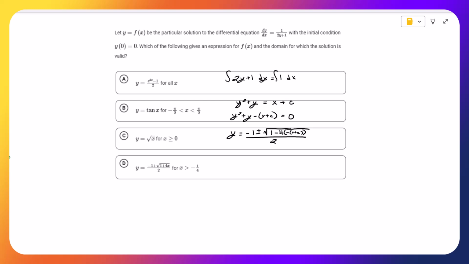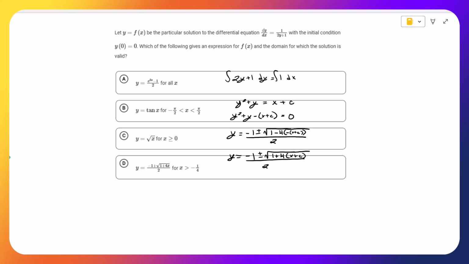Let's simplify it to make it look a little prettier. We get y equals negative 1 plus or minus the square root of 1 plus 4 times x plus c, divided by 2. Okay.